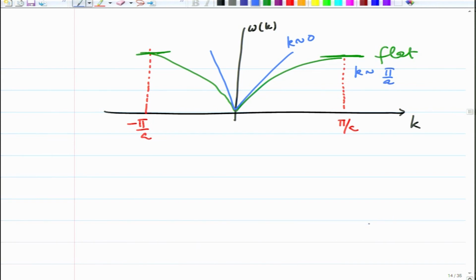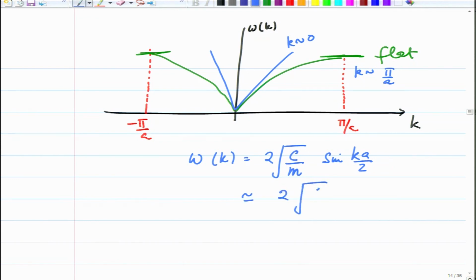So, let us see how it looks near k equals 0. Near k equals 0, considering only positive omegas, omega k is 2 root c over m sine of k a by 2, which can be written as 2 square root of c over m times k a by 2.